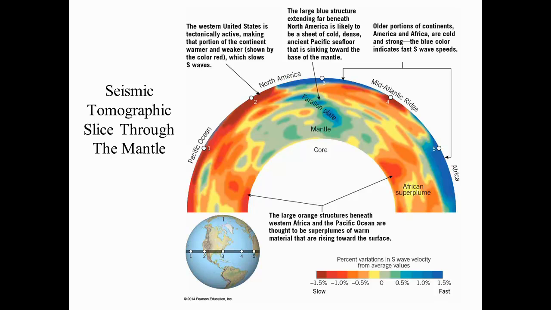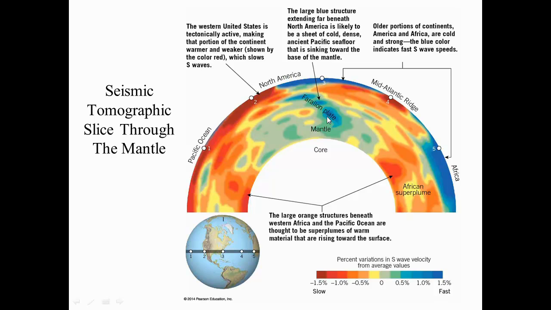And so just looking at the tomographic image of this particular figure, we see that the western United States, for example, is very, very warm, and this is due to this region being tectonically active. As a result, the continent being warmer and weaker slows down S waves.